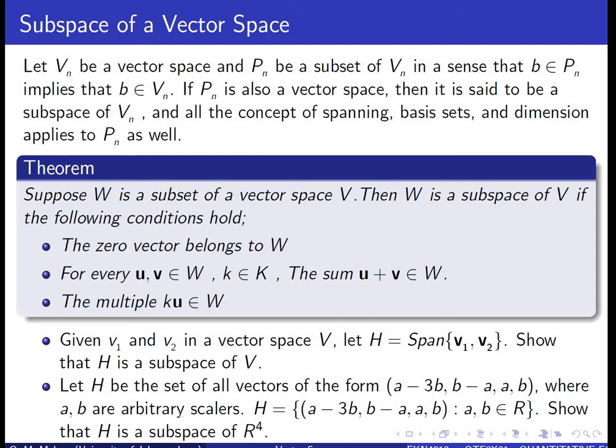That's just the pure definition of a subset. If Pn is also a vector space, then it is said to be a subspace of Vn. And all the concepts of spanning sets, bases and dimension apply to Pn as well.